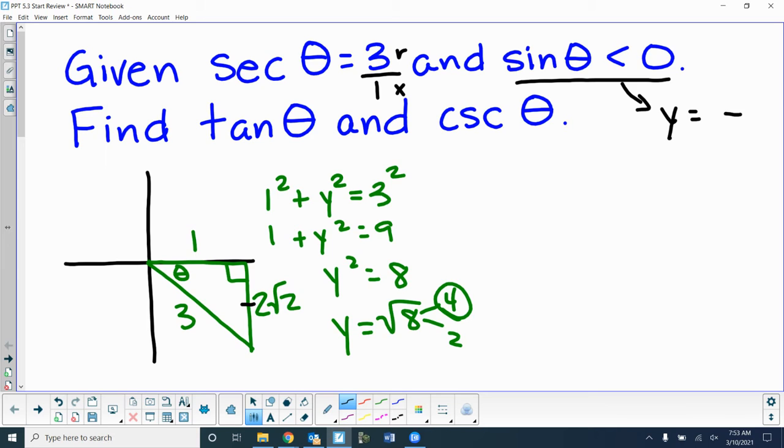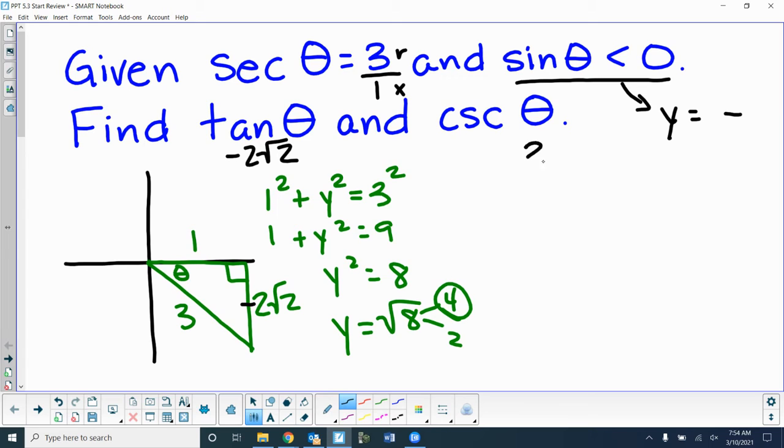Any questions? So now I answer the question. Tangent is opposite over adjacent. So that would be negative 2 radical 2 over 1, which is negative 2 radical 2. Cosecant is the reciprocal of sine. Sine is opposite over hypotenuse, so cosecant would be hypotenuse over opposite.